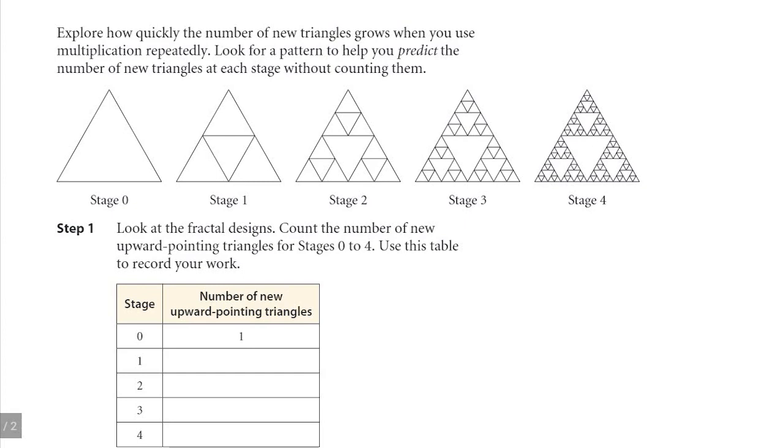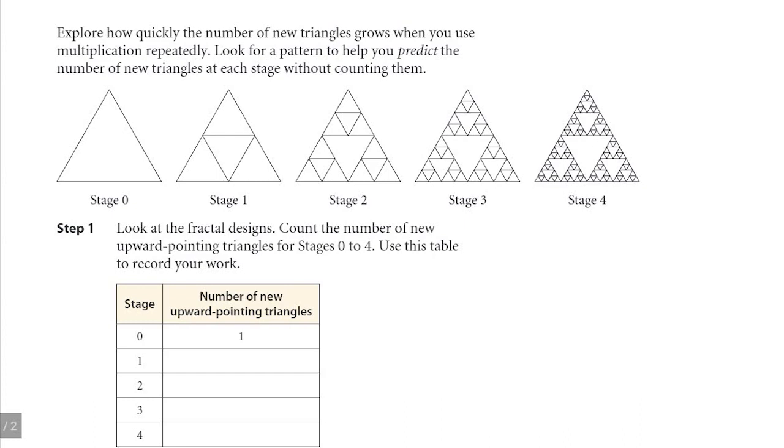We're going to use tables a lot in this class. In this case, we have two separate columns: the stage and the number of new upward pointing triangles. We're going to look at stages 0 through 4, as we can see up here. And then in each stage, we're going to count the number of new upward pointing triangles.